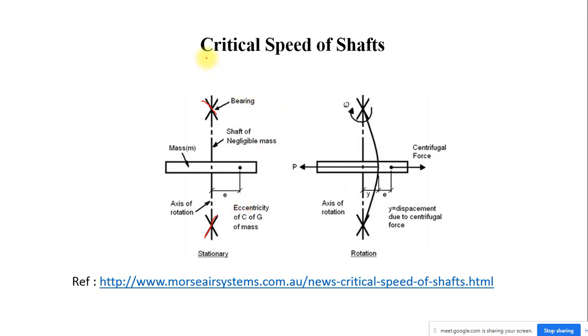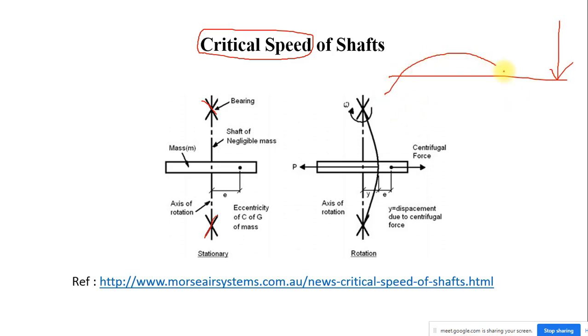The speed cannot be controlled and a transverse movement happens. I hope you know what that is. If this is the axis, this is called a transverse motion. If the shaft moves like this, it creates a transverse motion. Such a speed is called the critical speed.